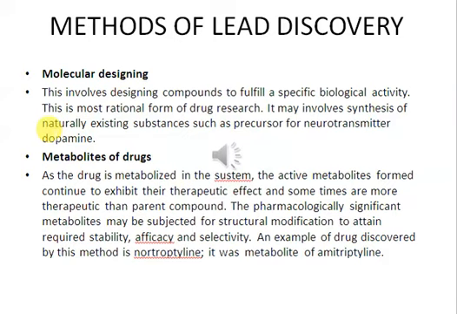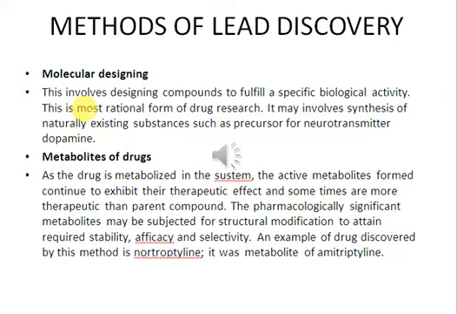In this method we must know the nature of the receptor for a certain disease. So if you know about the receptor with which the drug has to bind, and if you know about the structure of the receptor, we design the drug according to that receptor, right? So that's more about the computational studies as well.